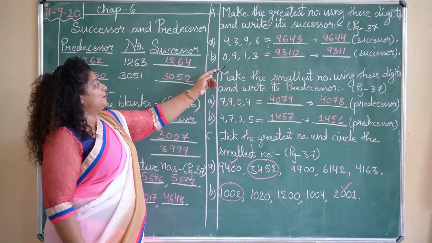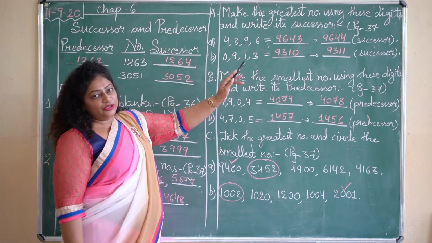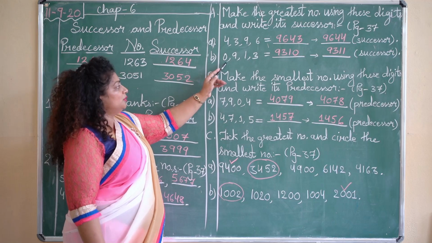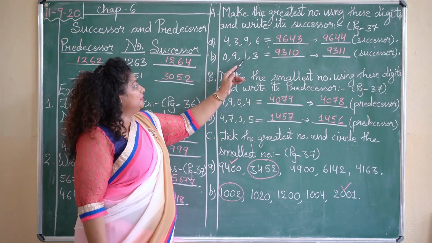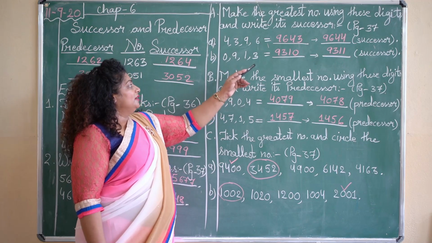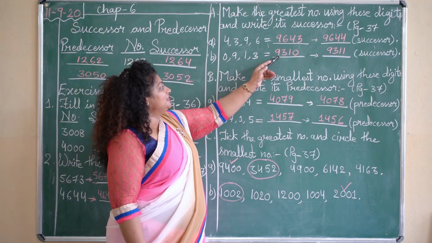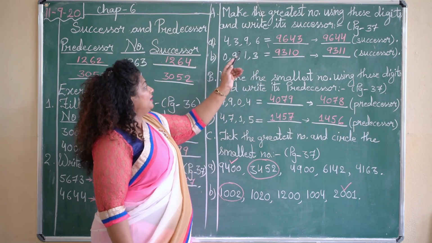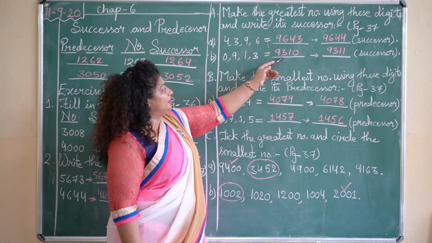I hope it's clear. Let us take the example of next digits. Digits given to you are 0, 9, 1, and 3. Now, which is the greatest number here? 9. Let us write 9 over here. After 9, what is the greatest number? 3? Yes, we have written 3.